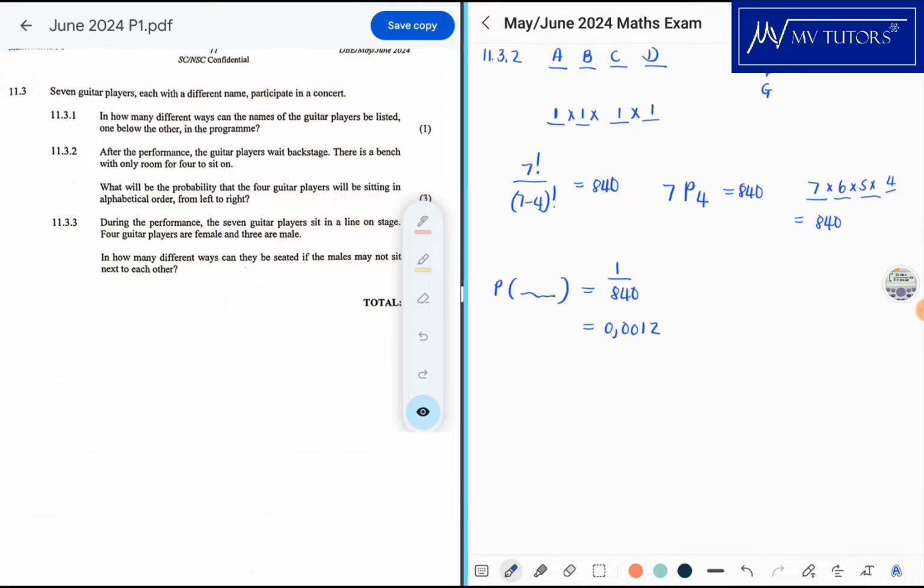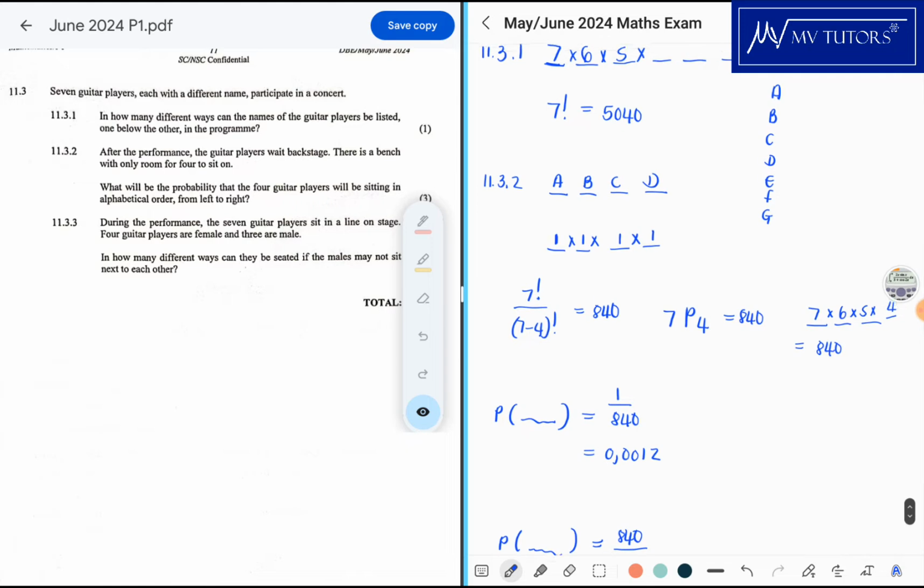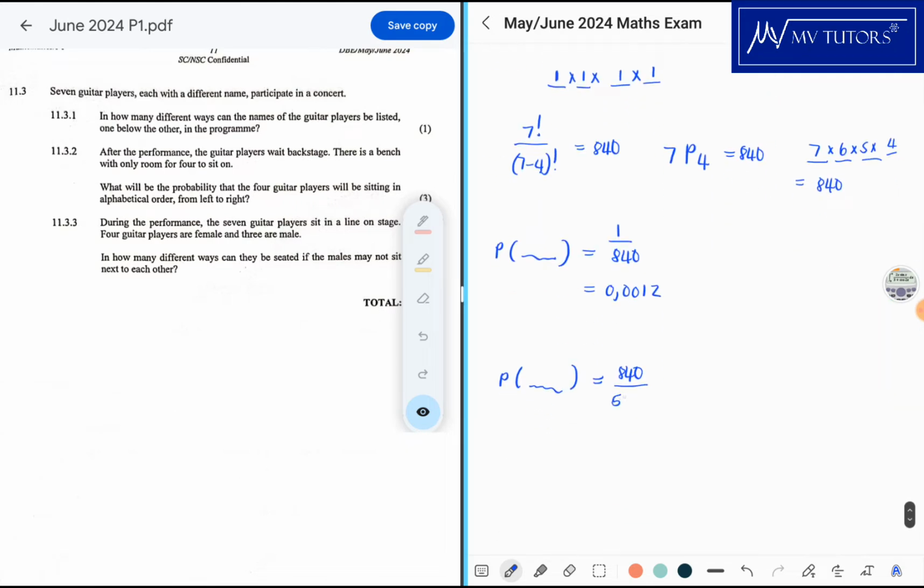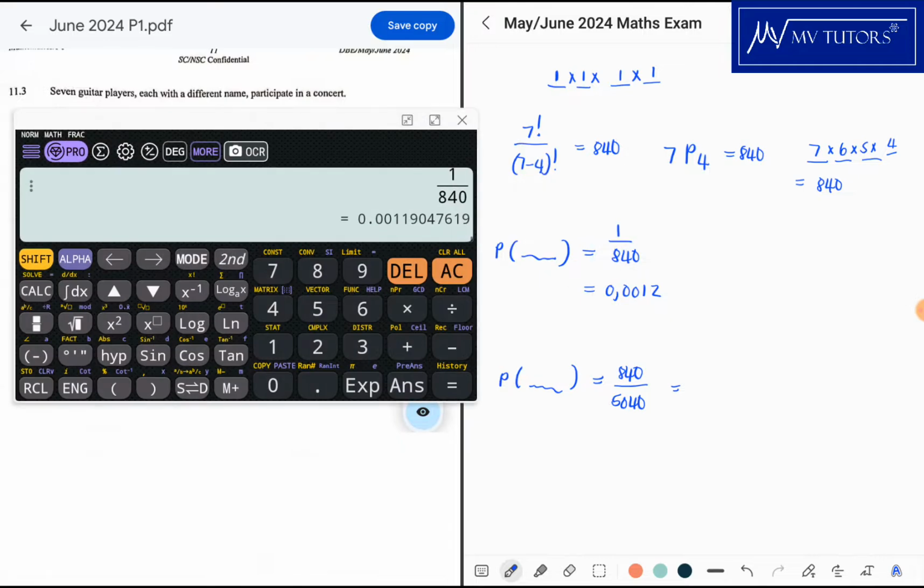When I first looked at this question, I was tempted to say the probability will be equal to that nPr, which is 840, over the entire possibility there, 5040. Okay, which would give you 1 over 6.